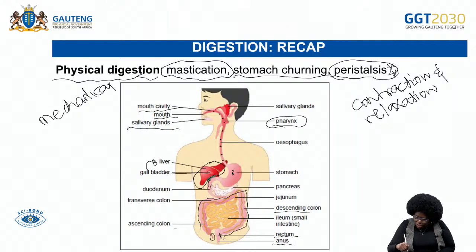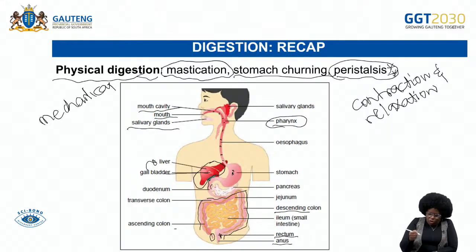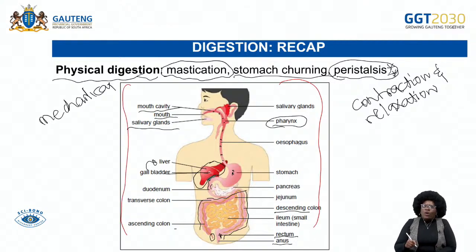But let us check this quickly as well, right? So we have got our alimentary canal, basically that is the overall. That question was asking about the esophagus and the large intestine. So here's the esophagus.